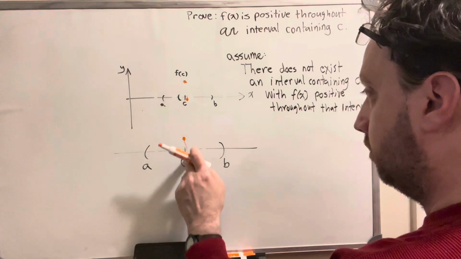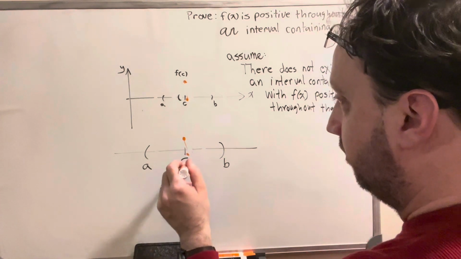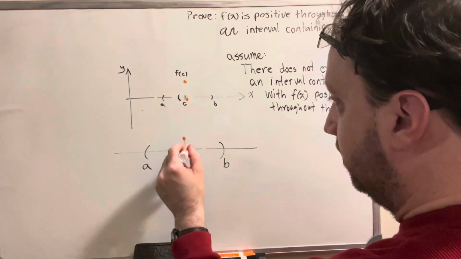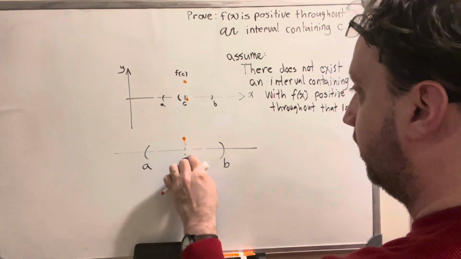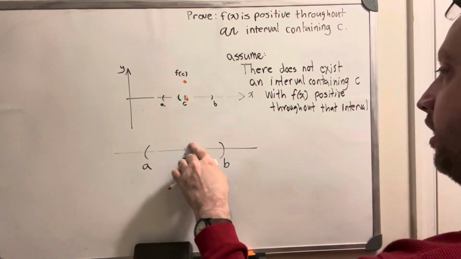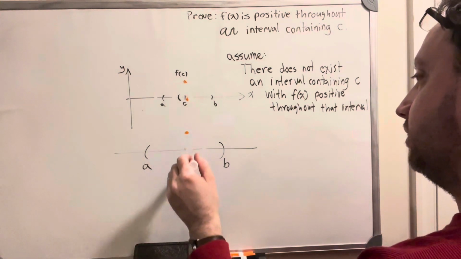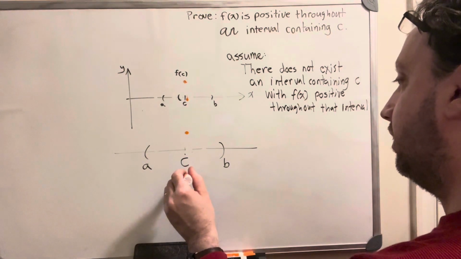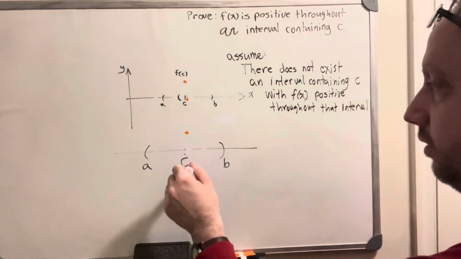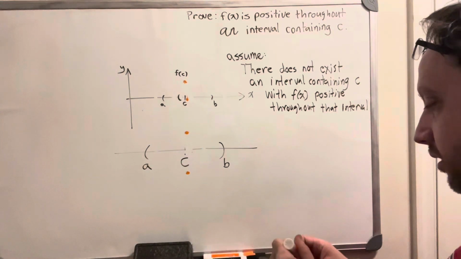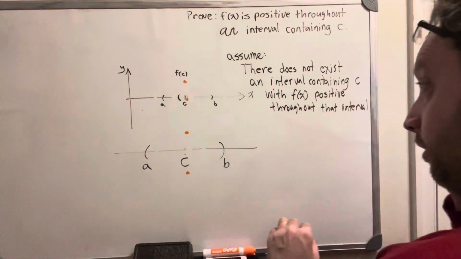If you say, no, I want to put it even closer, I want to put it right here, still there will be some positive values on its way. So to say there are none would mean that the value must be positive and negative at the same point. But that's a contradiction, because we're talking about a function. It can only have one value at one point.